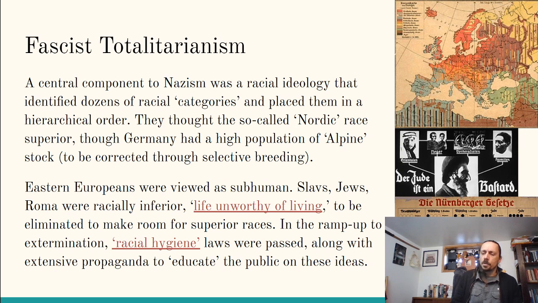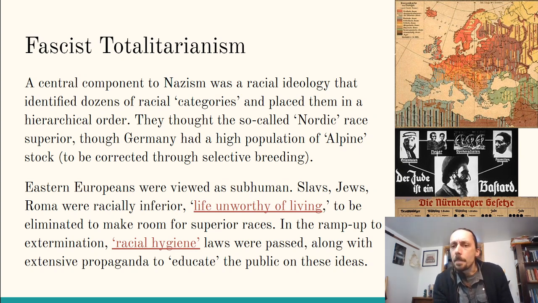What you have to understand here is that when we're talking about Aryan, we're not just talking about white people, because the Nazis didn't really believe there were white people the way we believe there. And again, I'm using scare quotes here, white people, because our racial categories are kind of social. The Nazis believed there was a Nordic race that was superior, although Germany had a high population of what they called the Alpine race, and you could correct this through selective breeding.